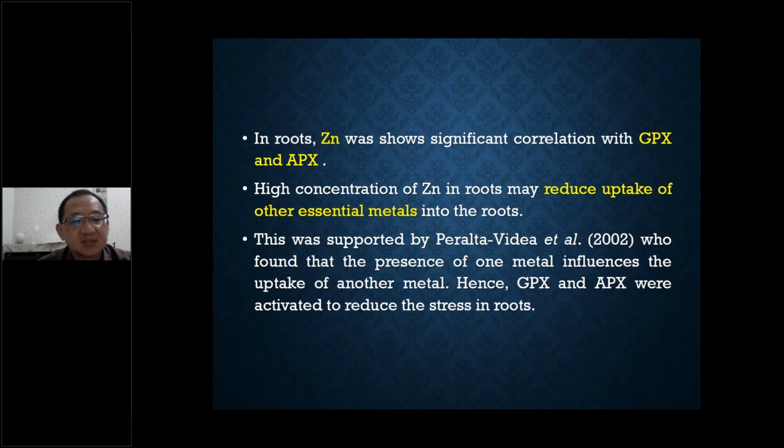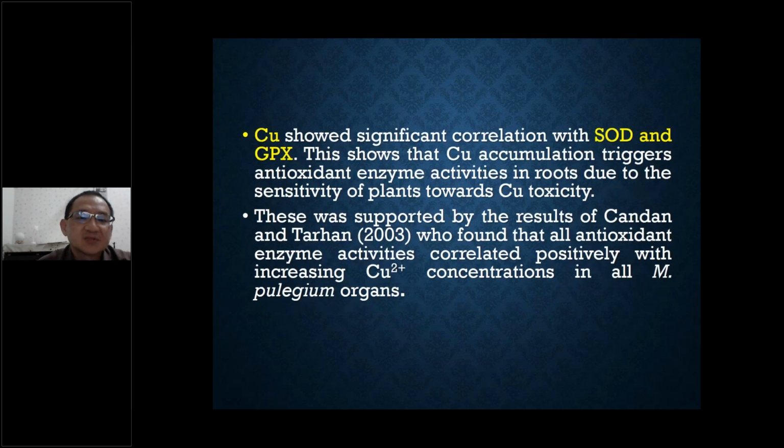This was supported by some other studies, where it was also found that the presence of one metal influences the uptake of another. Copper shows significant correlations with SOD and GPX, and this shows that copper accumulation triggers antioxidant enzymes.